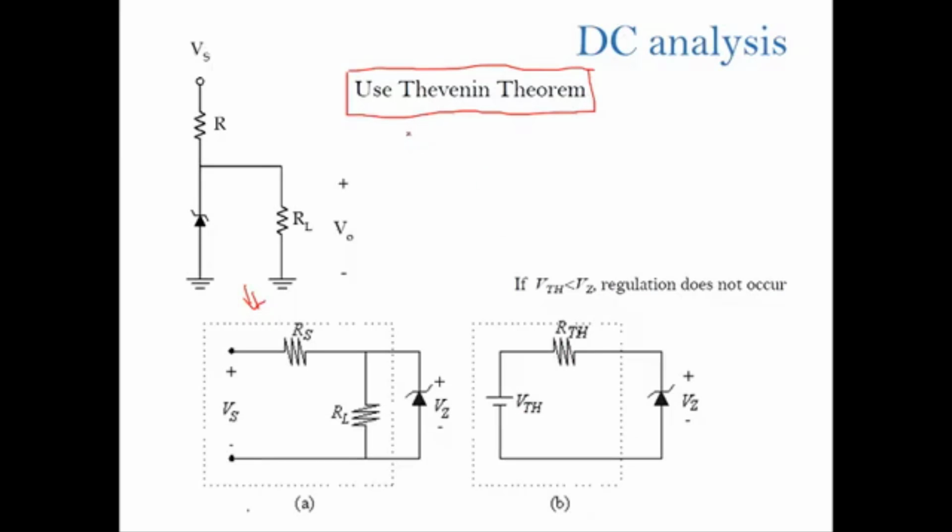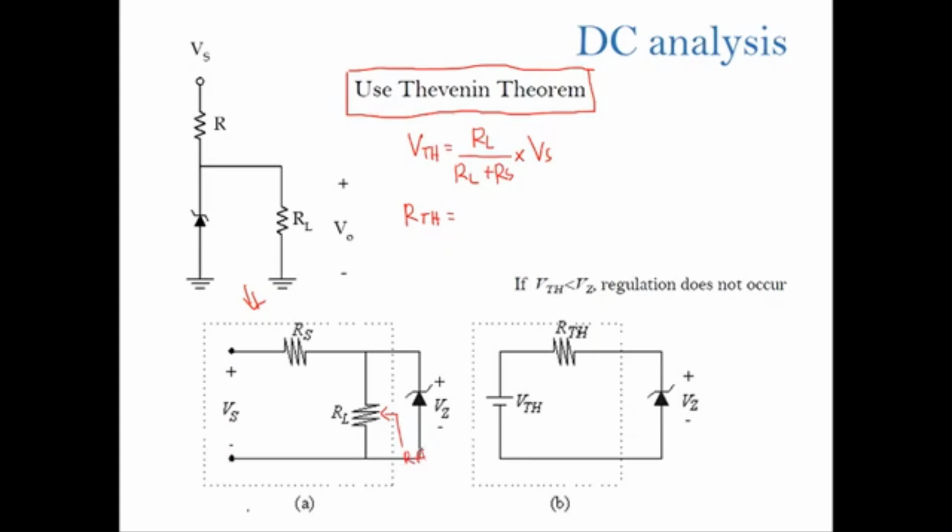So what is the general equation for VTH? We use the voltage divider across the RL. So we have VTH equal to RL over RL plus RS times VS. And how about RTH? RTH is the Thevenin resistance. It is found by replacing the positive DC voltage with ground, and then we see the resistance from this point.